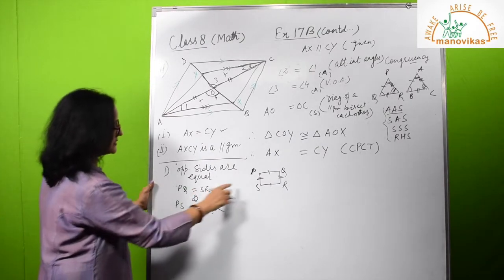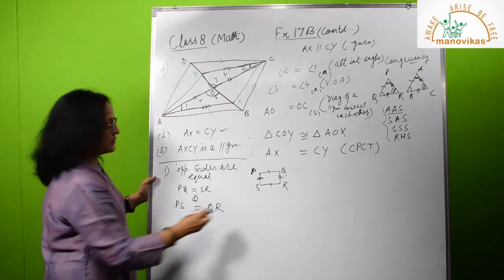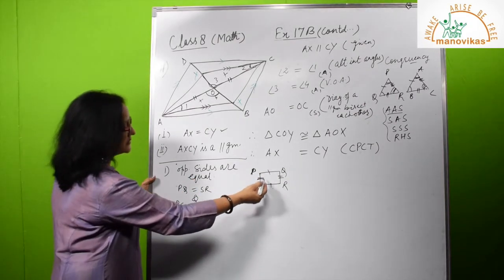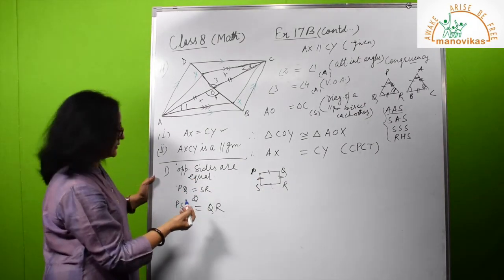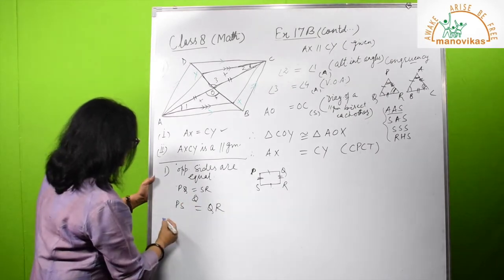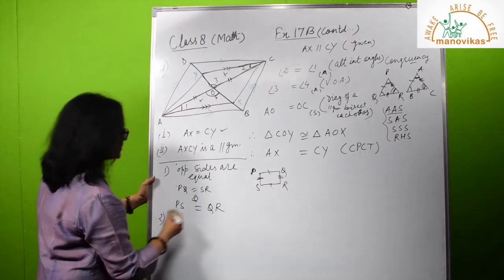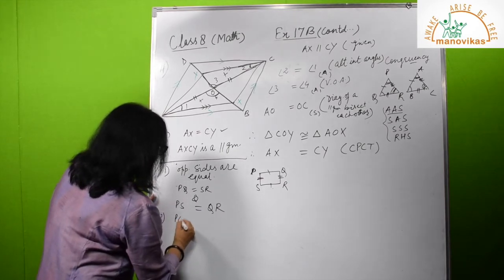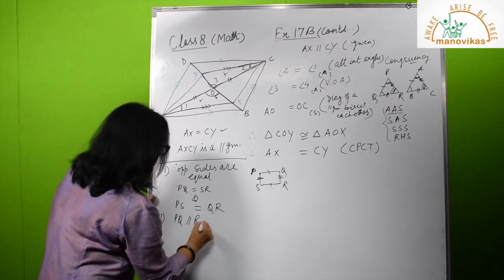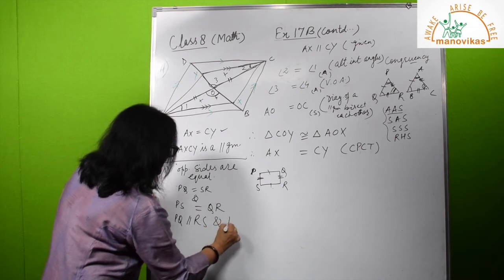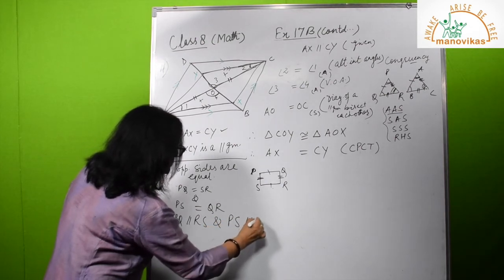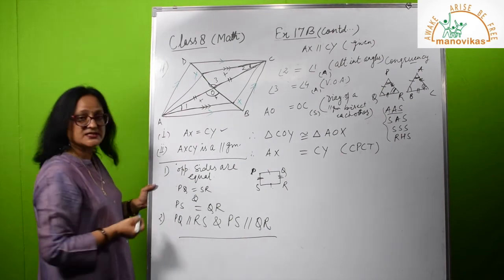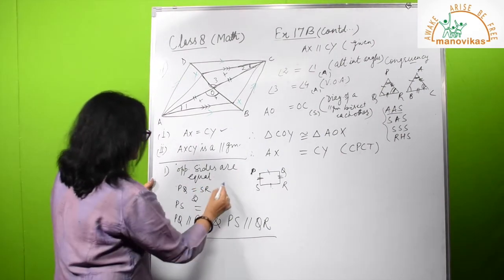If this condition is fulfilled here, that means this quadrilateral is a parallelogram. So first condition. Second condition, opposite sides are parallel, meaning PQ is parallel to RS and PS is parallel to QR, or this condition is true here.